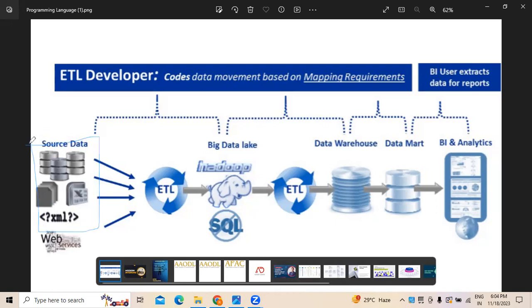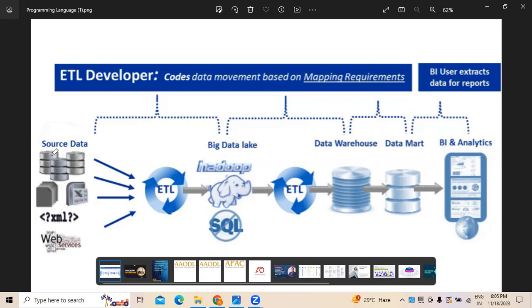Once we have taken the sources of data, the ETL process will be initiated from there. The data is not something small; the sources of data are very large in reality.